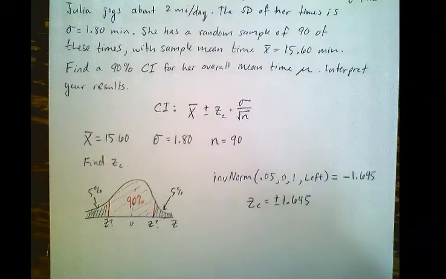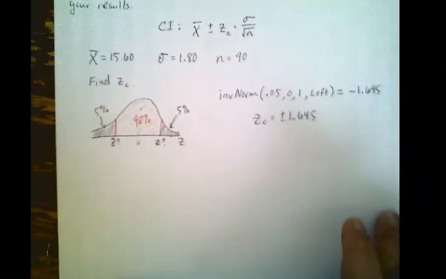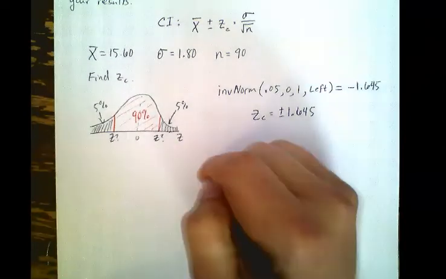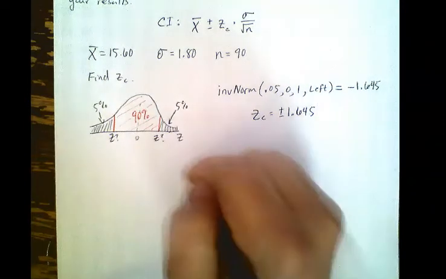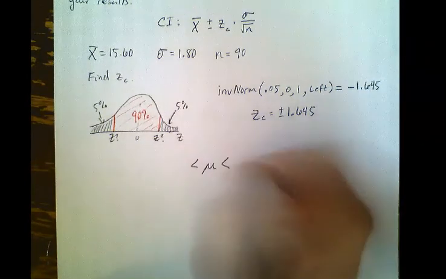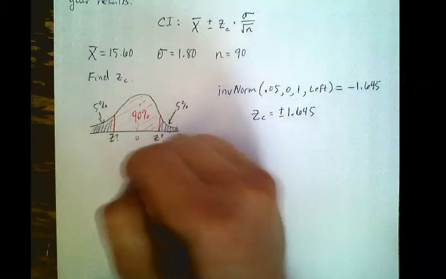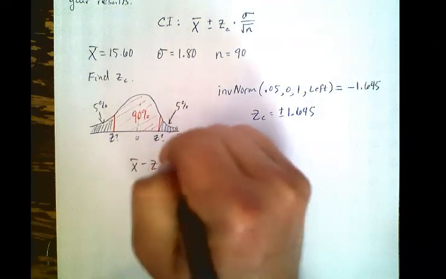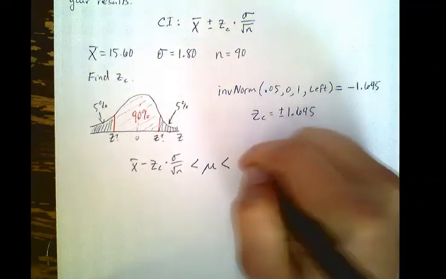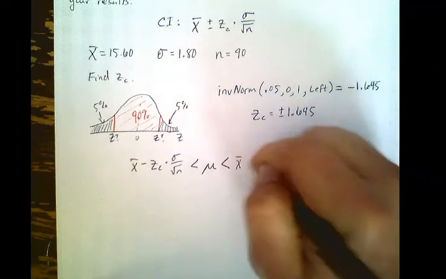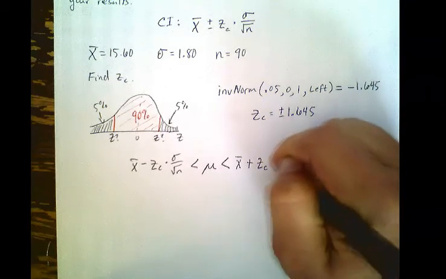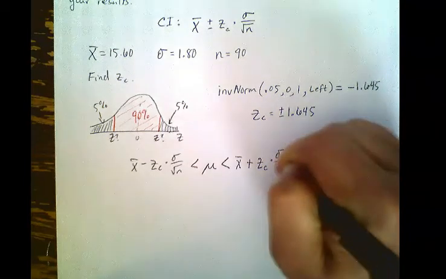Now we're ready to go find the confidence interval. So we're just going to use that formula there to calculate it. So we know that her average overall time will be in between x bar minus z critical times sigma over root n and x bar plus z critical times sigma over square root n.